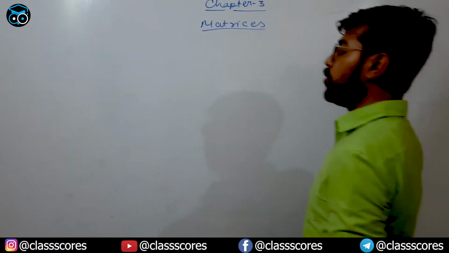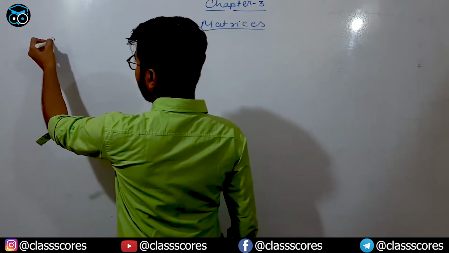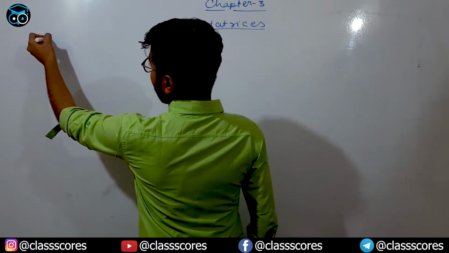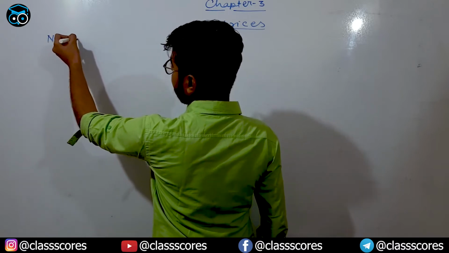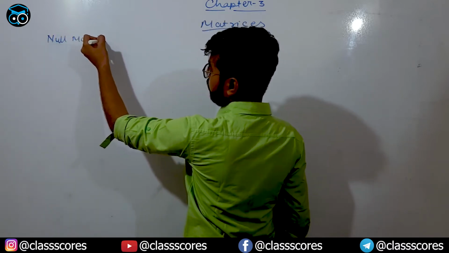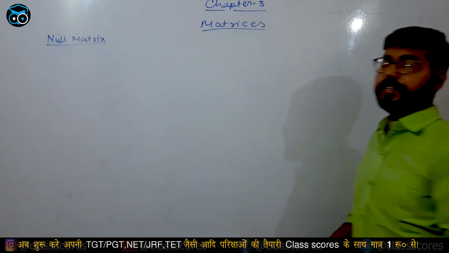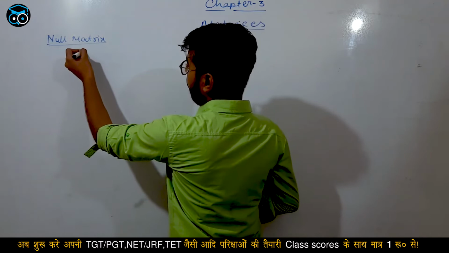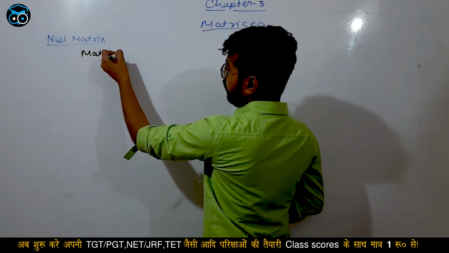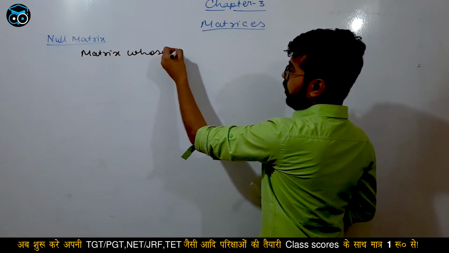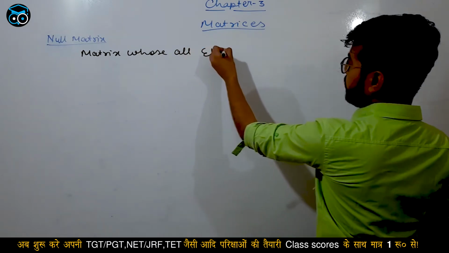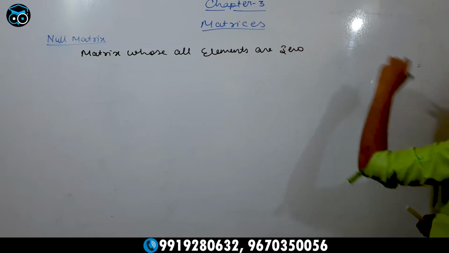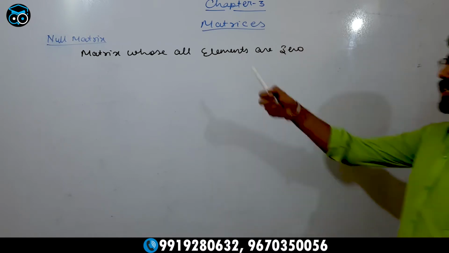Now, moving further towards the last type, that is null matrix. It is clear by its name as well. The matrix whose all elements are 0, those matrices are known as null matrix.